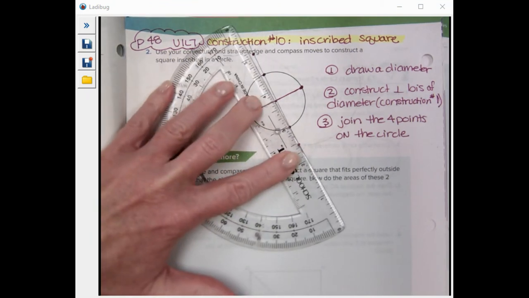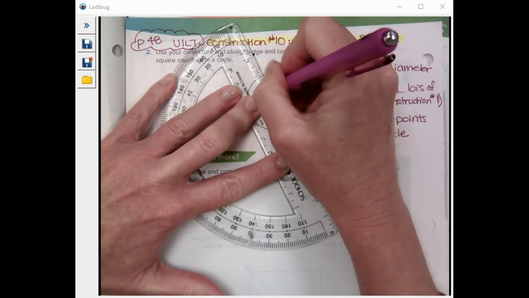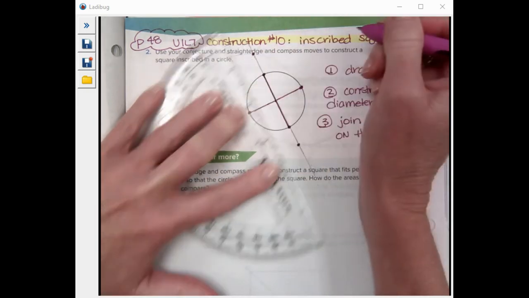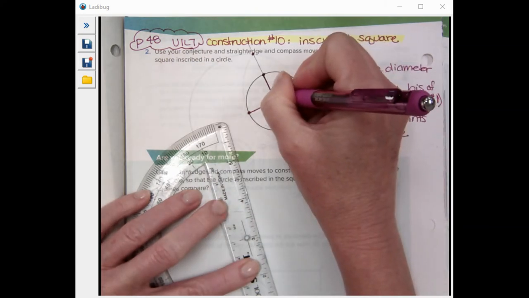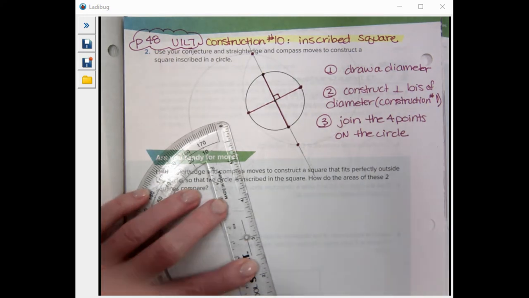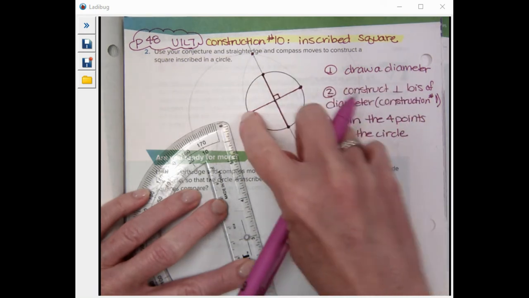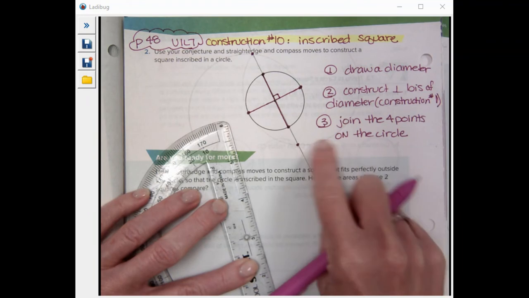Really when you do this, you need the segment that is the other diameter. These two diameters are perpendicular to each other because what I just constructed was a perpendicular bisector. And I have 4 points on my circle. Those are the 4 points I want to join.